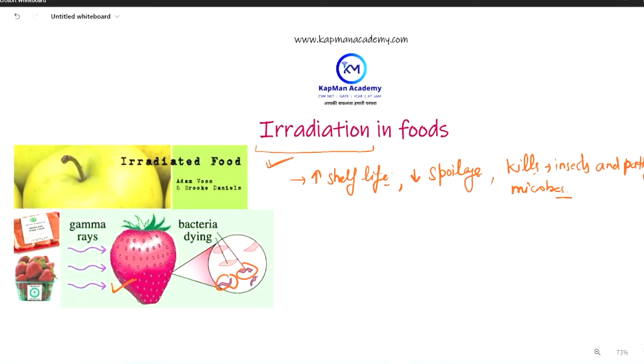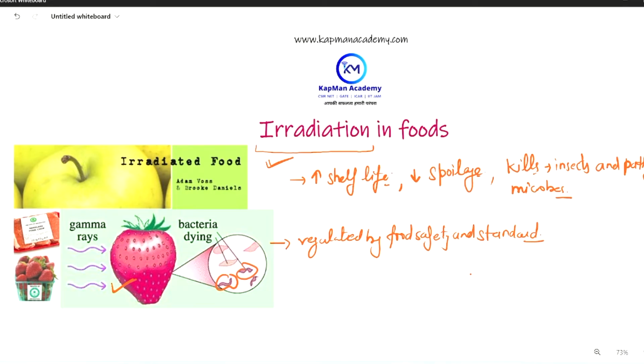And irradiation is actually regulated by food safety standards. So it's not like any type of dose you can give for the irradiation in the food. Everything is optimized, and more than that could be harmful for human beings.